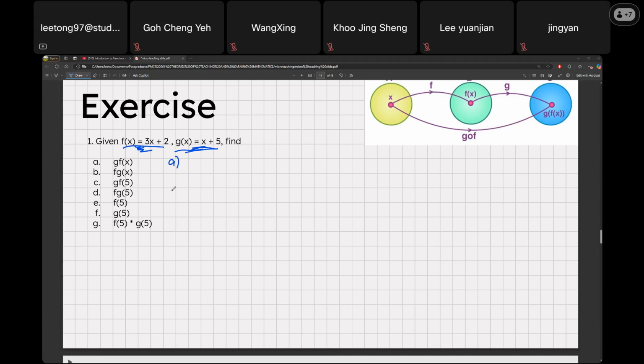Everyone try this question, A to G. This is a very simple question, so I think 5 minutes should be enough.